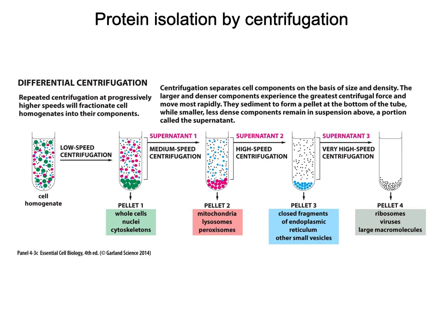If we take that supernatant and move it into an even higher speed centrifugation, what we would end up with in our pellet are very small components like ribosomes, right? So ribosomes are protein and RNA based. There are subunits that are coming together.